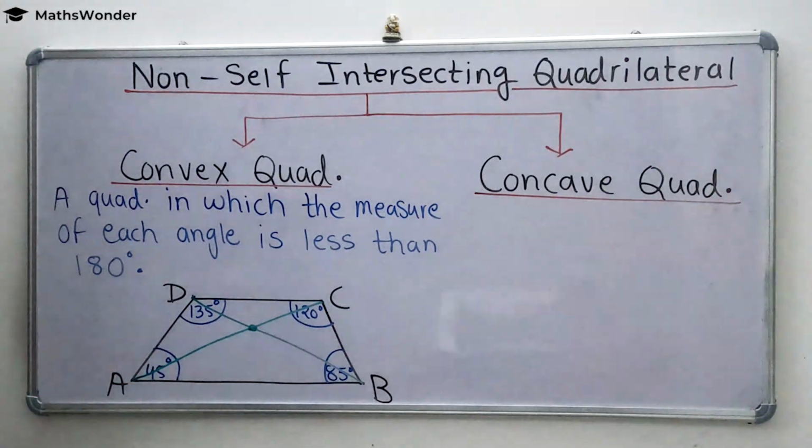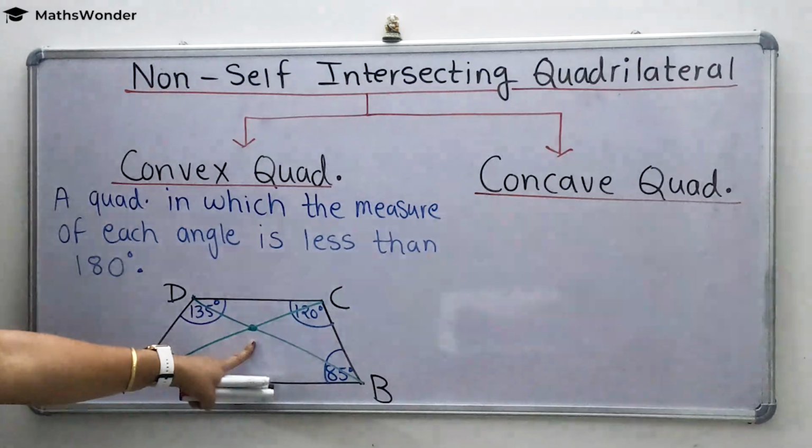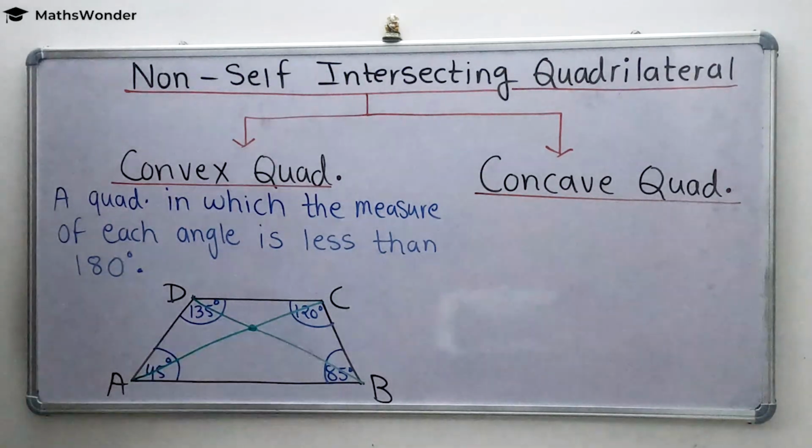Diagonals AC and BD meet each other inside the quadrilateral. Very important property. And the sum of all the angles of a convex quadrilateral is not 180, opposite, it is 360 degree, not 180.